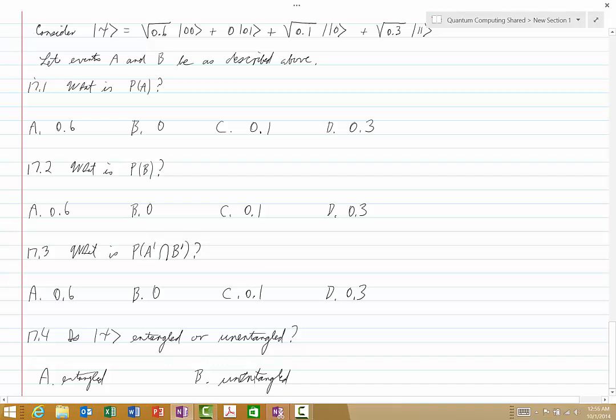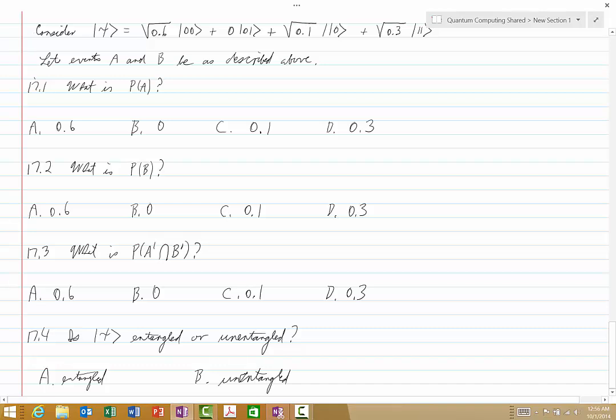So 17.1, the question is, what is P of A? 17.2, what is P of B? And finally, 17.3, what is the probability of A prime and B prime? Now that's the event then. A prime is the event that Alice measures a 1. B prime is the event that Bob measures a 0. So what's the probability of that?